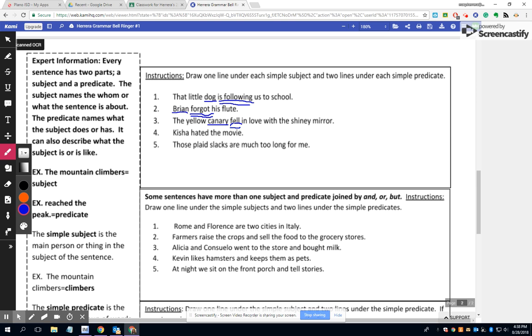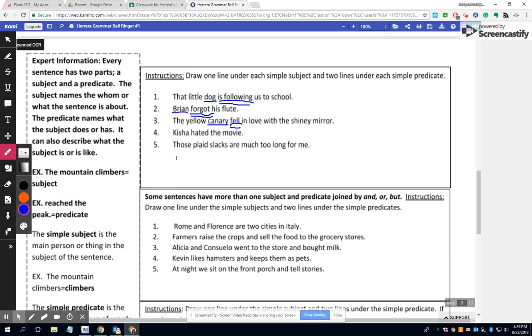One word is underlined for the simple predicate. So, one, one, one, one, one. These are all ones. The only exception is when there's a helping verb with it. Later, we might see some that are linking verbs, okay? So, "Keisha hated the movie." Go ahead and figure that one out on your own.